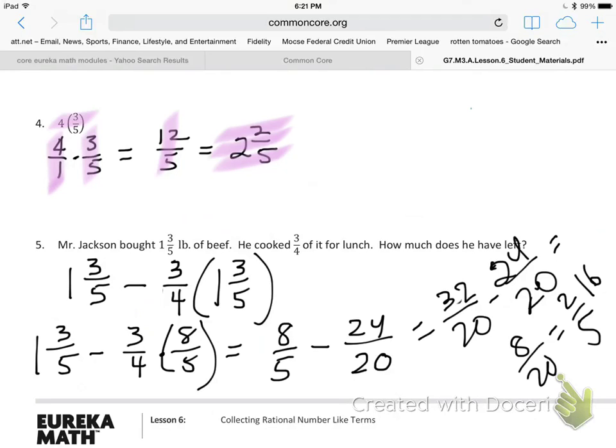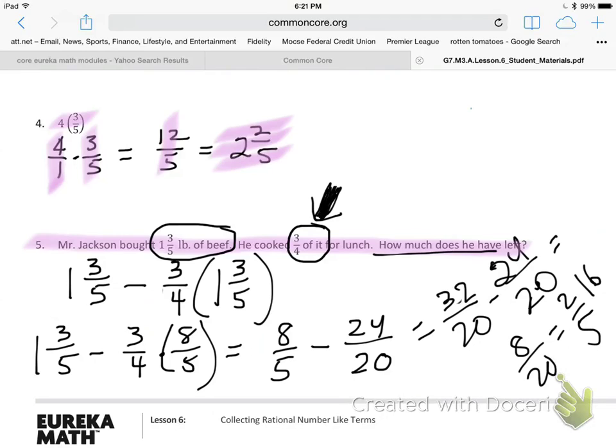Okay, our last, number 5 here, is another word problem. Mr. Jackson bought 1 3/5 pounds of roast beef. He cooked 3/4 of it. Very, very important here: 3/4 of it. How much does he have left?